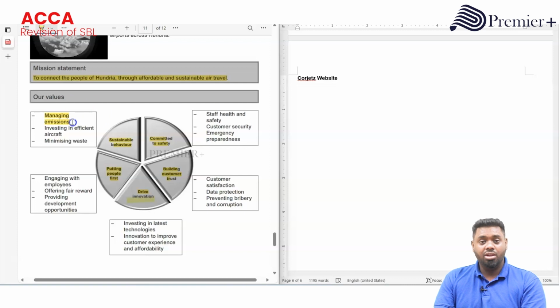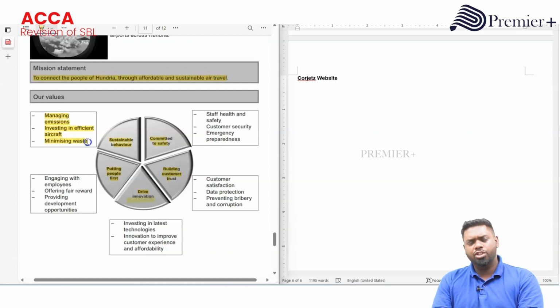They have taken steps to control the carbon emissions. Investing in efficient aircraft, we also looked at where the fuel efficiency can be improved, and minimizing waste. And on top of this, they go with a no-frills strategy, so they do not provide any excess facilities. So the wastage from those luxury facilities can also be automatically avoided.